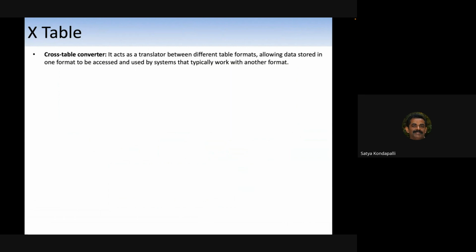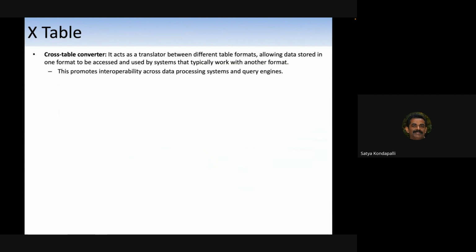It acts as a translator between different table formats, allowing data stored in one format, for example Iceberg, to be accessed and used by systems that typically work with another format. That means if you have Iceberg, you can convert into Delta and Hudi, or if you have Delta, you can convert into Iceberg, whichever. So it's just a translator, and it's not touching your data.